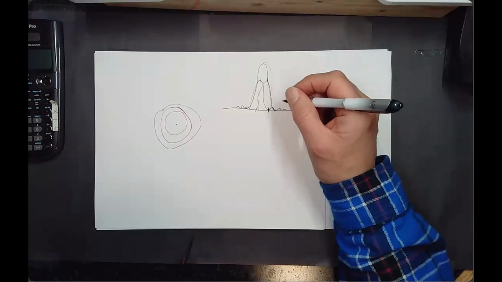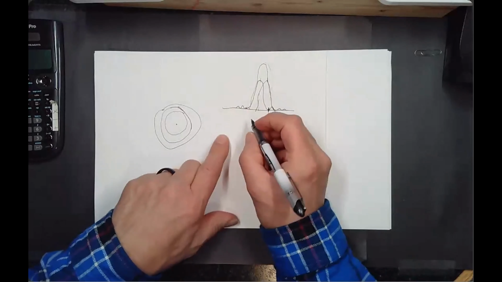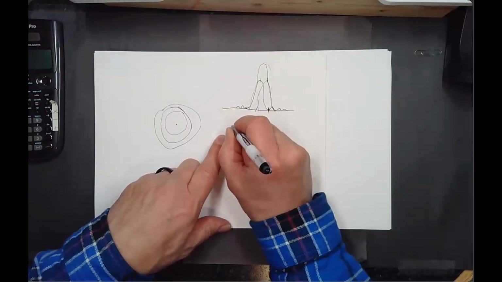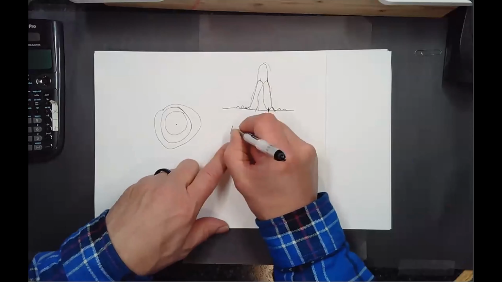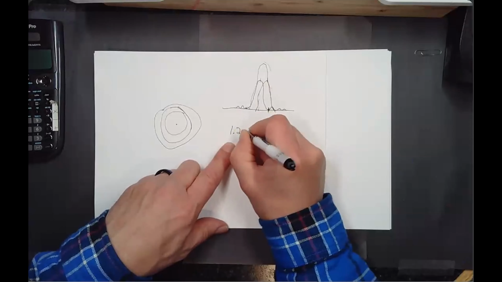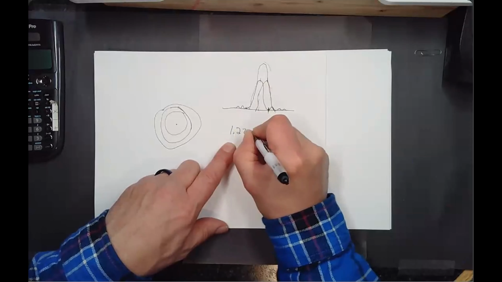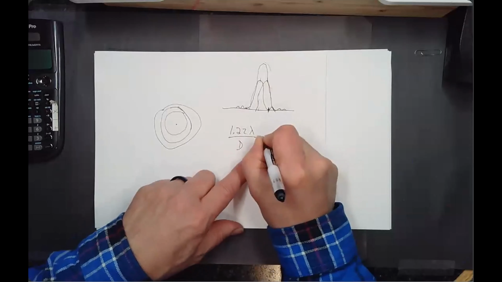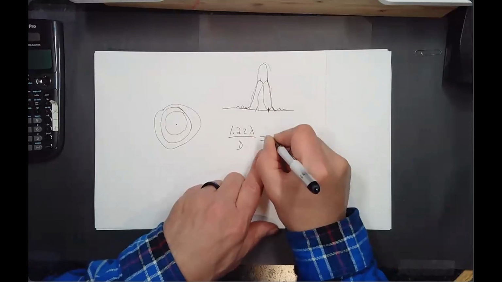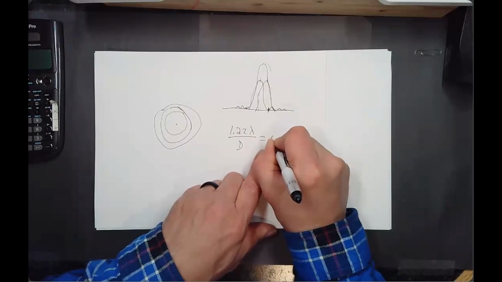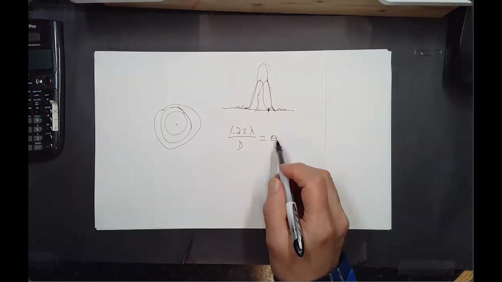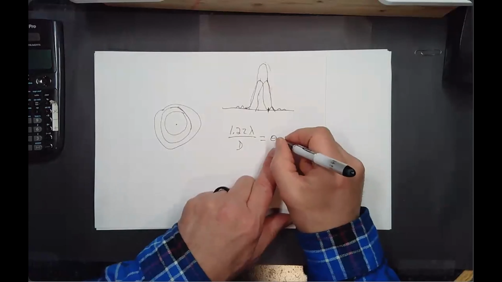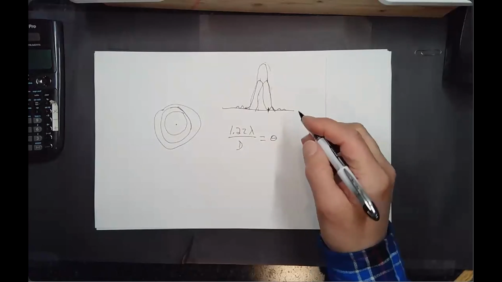And the rule that's generally given for this is that 1.22 lambda divided by the diameter of the aperture is where the first minimum shows up. And so you might call this theta min or something like that.